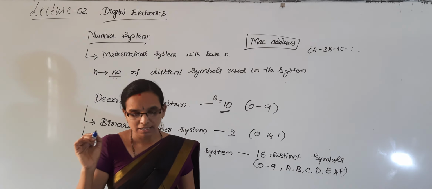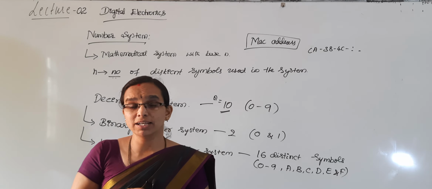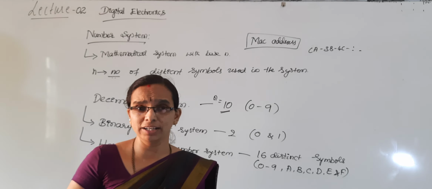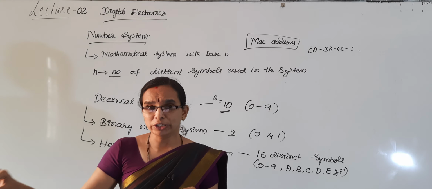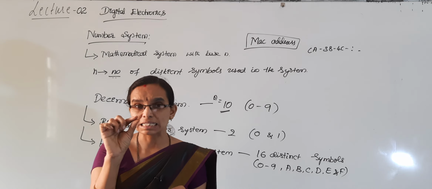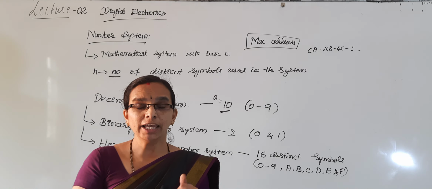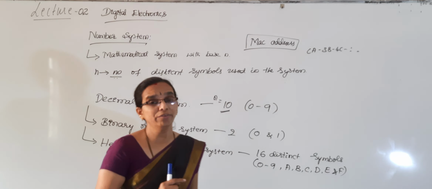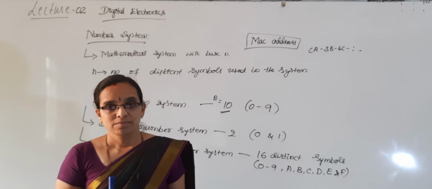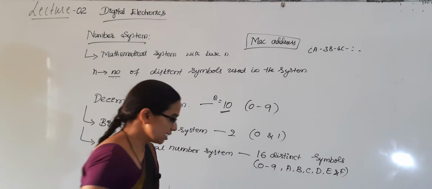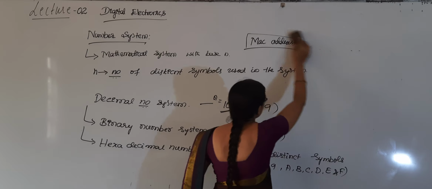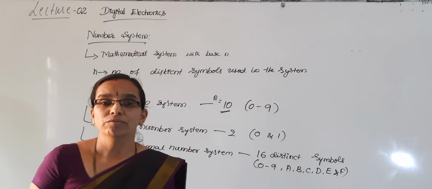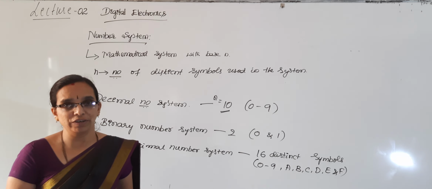You can see it in the computer status: in the right side bottom corner of the computer monitor you can see two monitor symbols. There you can get the IP address as well as the MAC address, the hardware address. So this hexadecimal number system is used to represent larger binary numbers in a much more concise way.